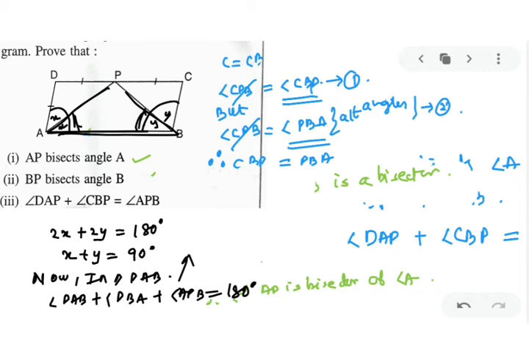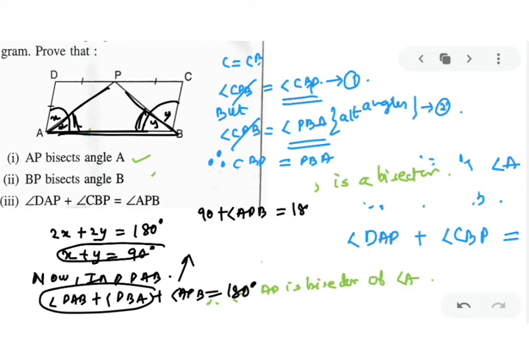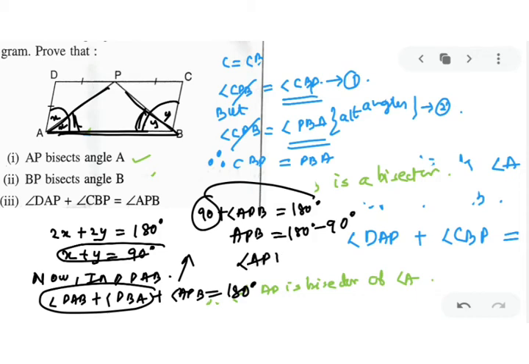The addition of these two is 90, so in place of PAB and PBA I will write 90 plus angle APB is equal to 180. So APB is equal to 180 minus 90. So angle APB is equal to 90 degrees.